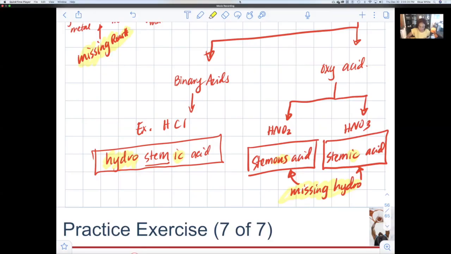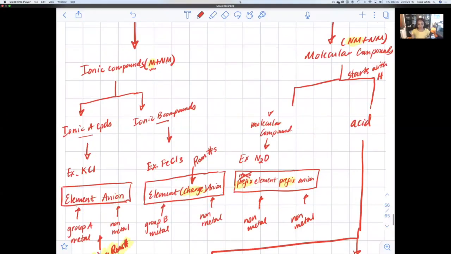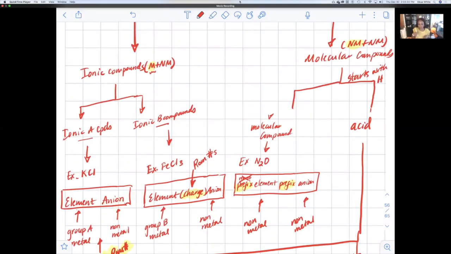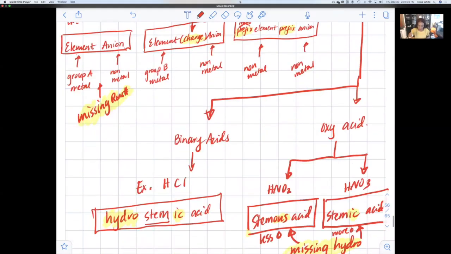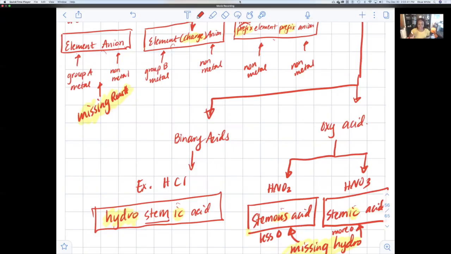This one here is, of course, less oxygen, more oxygen. So it continues down here. And so we have essentially named 1, 2, 3, 4, 5, 6 different types of compounds, okay?